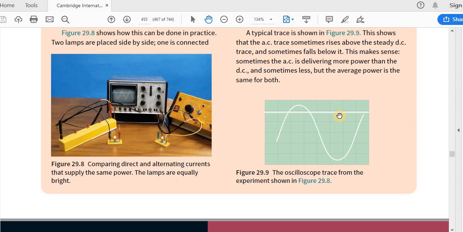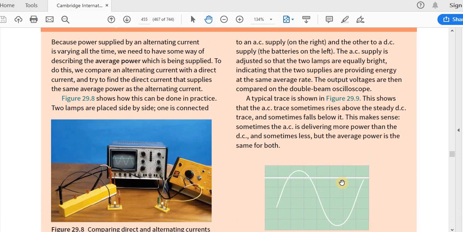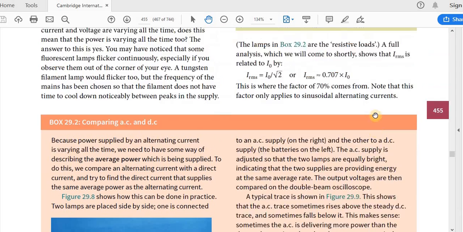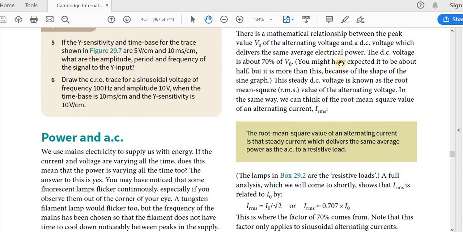You see the oscilloscope trace from the experiment shown in figure 29.7. Alright, so this steady DC voltage is known as the root mean square r.m.s value of the alternating voltage.